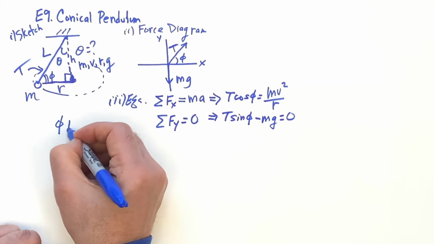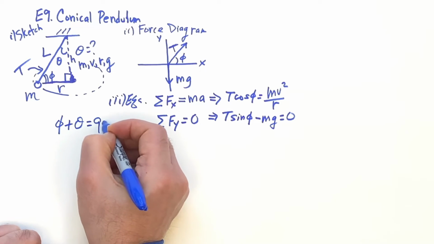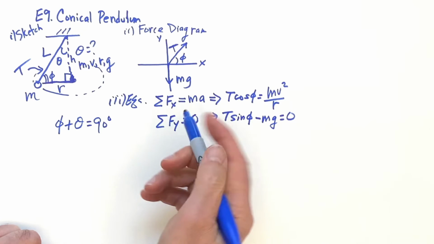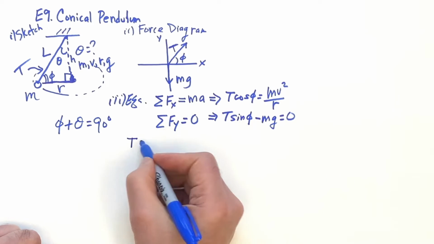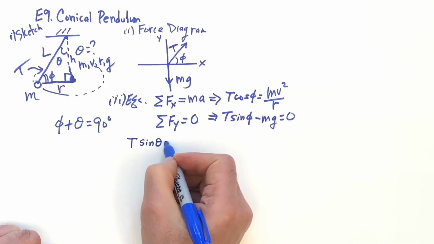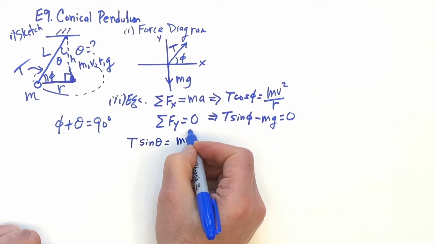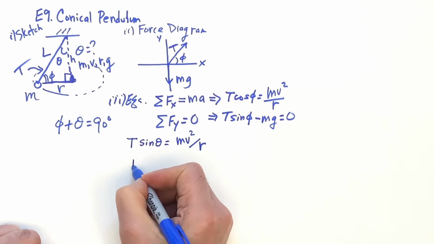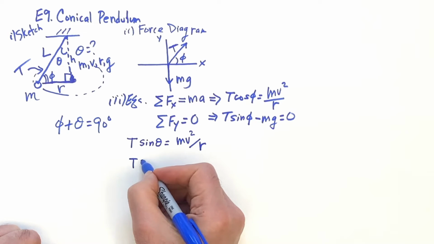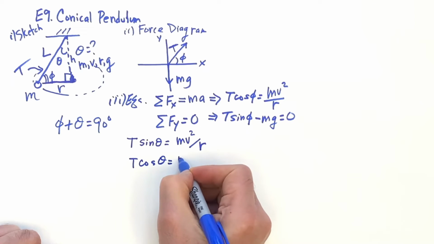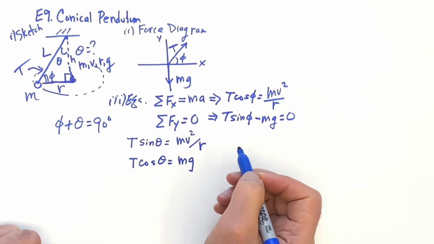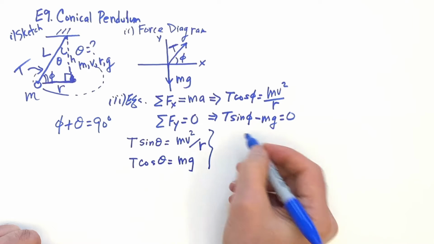But since phi and the angle theta are complementary to give you 90, then we can write these equations, cosine becomes the sine of theta. And here, the sine of phi becomes the cosine of theta. And here I'm going to divide the equations.